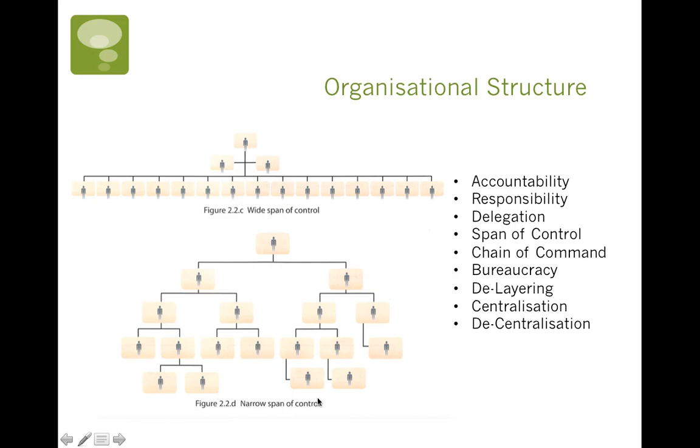So a narrow span of control in a tall organisation tends to have more decentralisation because these supervisors and sub-managers will often have more control to make decisions within the organisation. So you might believe that they have a more democratic system, a more democratic leadership style, perhaps more autonomy, according to Pink, in a decentralised organisation where people closer to the ground, closer to the customer, are going to be able to make certain decisions.